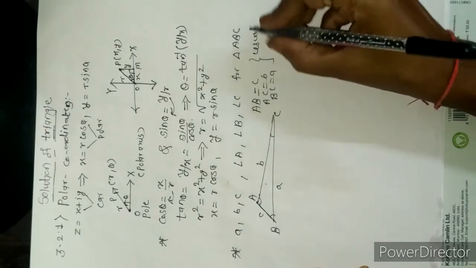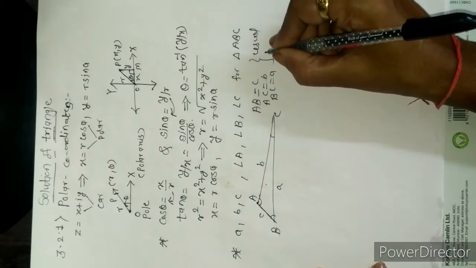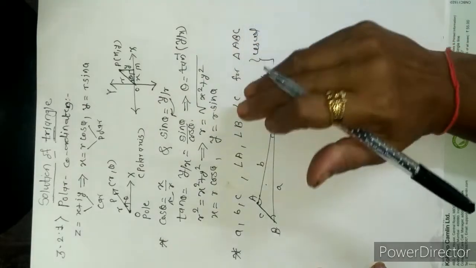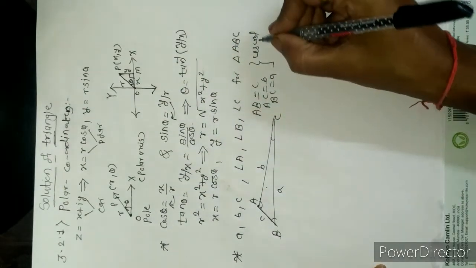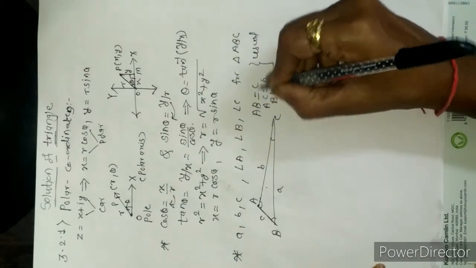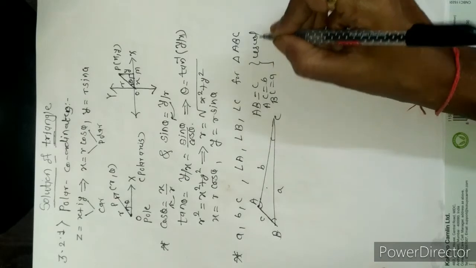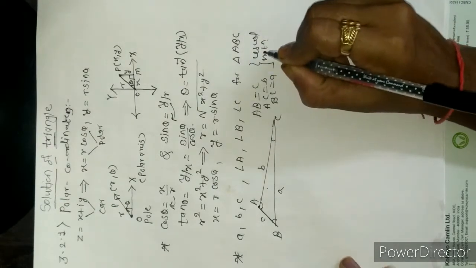If the instruction is, by usual notation for triangle ABC, show that or prove that or state some rules, then usual notation means we take the lengths of the sides of the triangle and the corresponding interior measures of the angles. So we call that the usual notation.